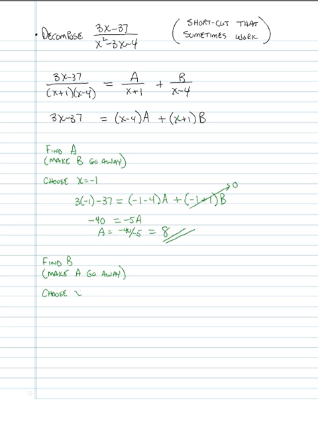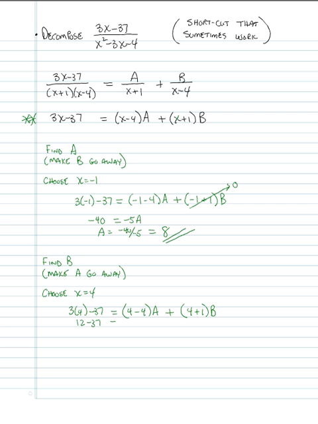So I'm going to choose x in this case to be +4. When I substitute 4 in for all of my x's in this equation right here, I'll have 3 times 4 minus 37 on the left, equal to x minus 4 times A, but since x is 4, that's 4 minus 4 times A, plus x plus 1 times B, that'll be 4 plus 1 times B. On the left side, I have 12 minus 37.